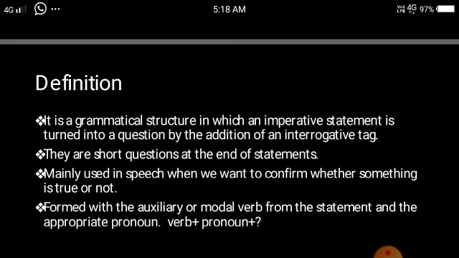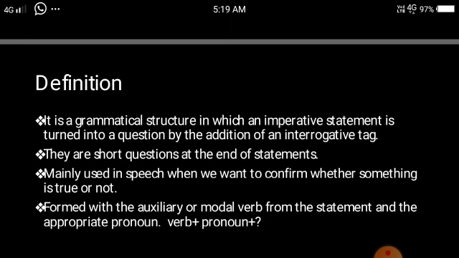Now, what is this modal verb or helping verb in the example that we have taken? It is very cold today. Is is the helping verb. And it is the pronoun.